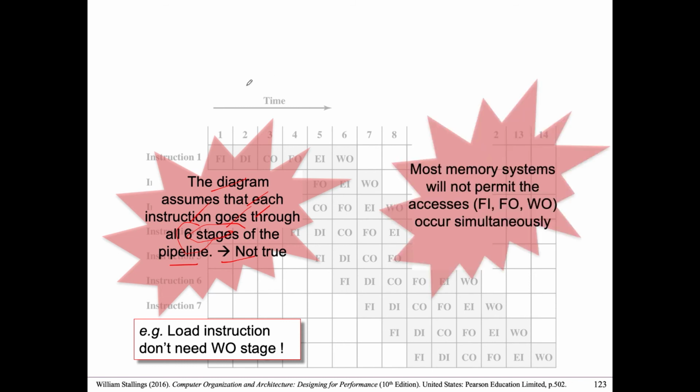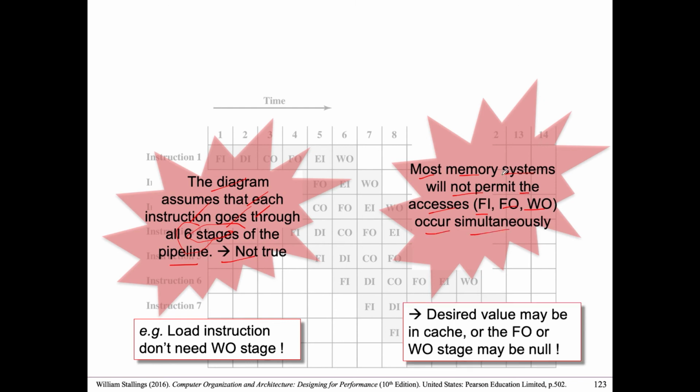You can see over here another important point, which is that most memory systems will not permit the accesses of FI, FO, and WO to occur simultaneously. So what you need to see is that a desired value may be in cache, or the FO or WO stage may be null.